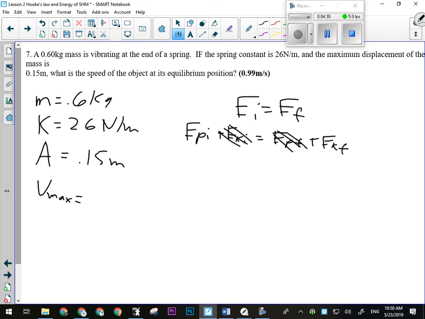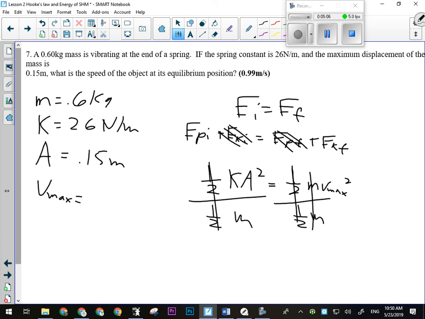So I can cross those off right away because at equilibrium, x is 0, and at the maximum amplitude, v is 0. So I've got these two things here. So I'm going to say that 1/2 kx squared, actually kA squared, equals 1/2 mv_max squared. I'm trying to get that maximum speed, so I'm going to divide both sides by 1/2 of m.